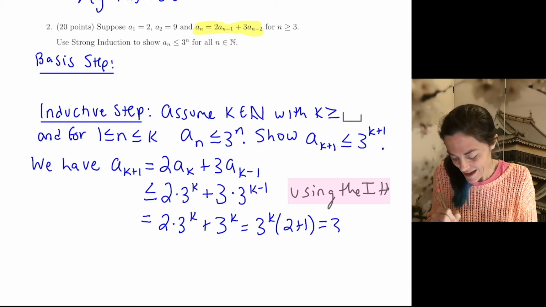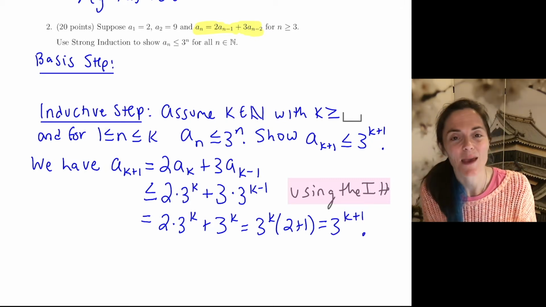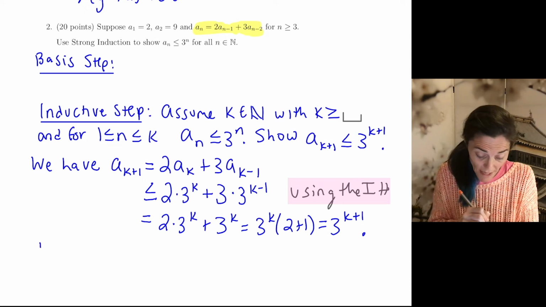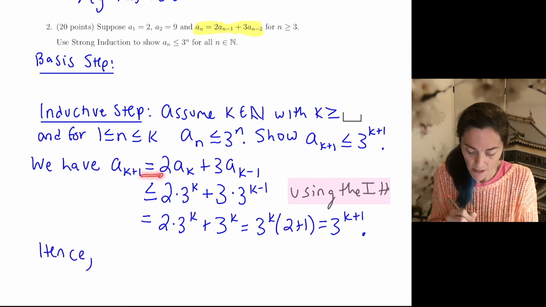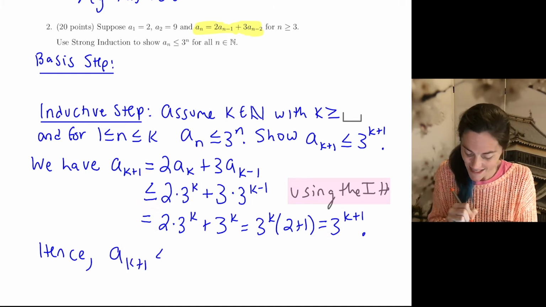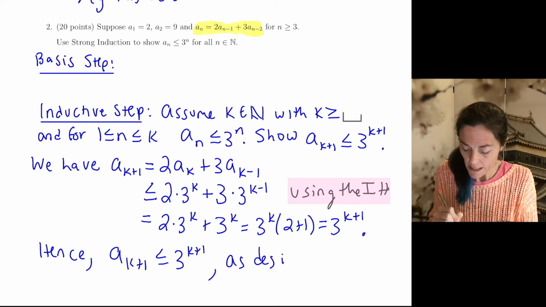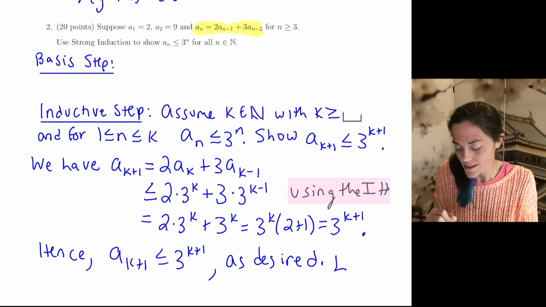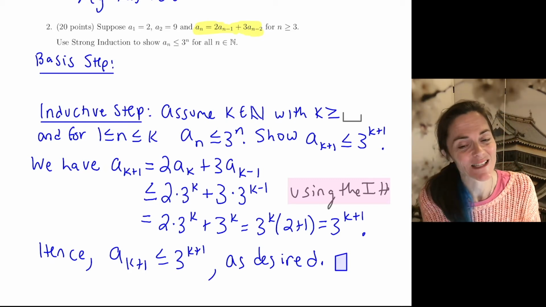And finally, 3 times 3 to the k is 3 to the k plus 1. So we have shown, if you follow this, we have equals and less than or equals all the way. We have shown a k plus 1 is less than or equal to 3 to the k plus 1. And this is exactly what we wanted to show in our inductive step. So I will put the box, even though I'm not fully finished with this proof.